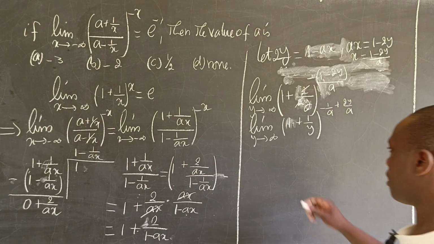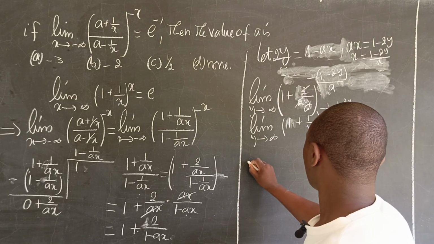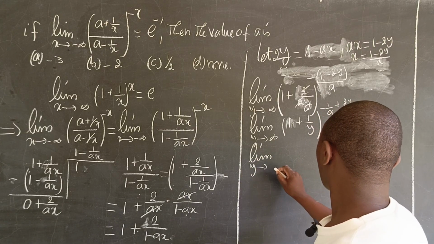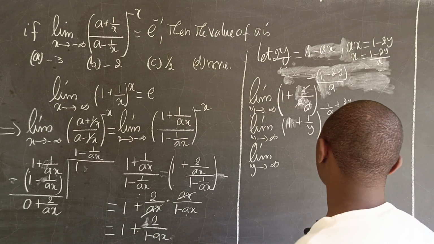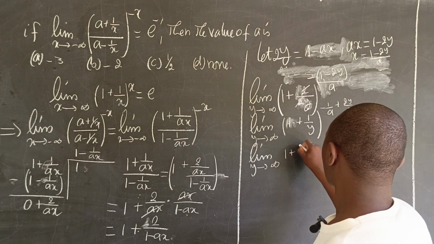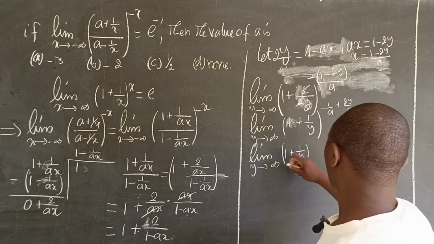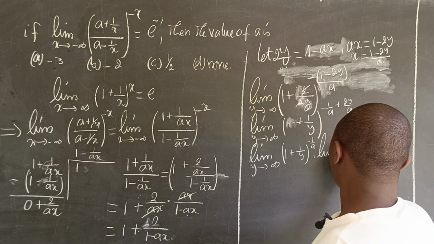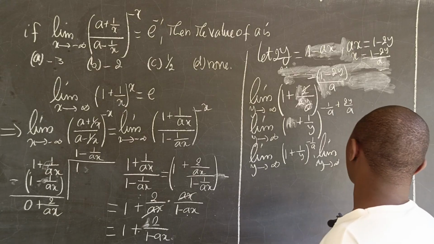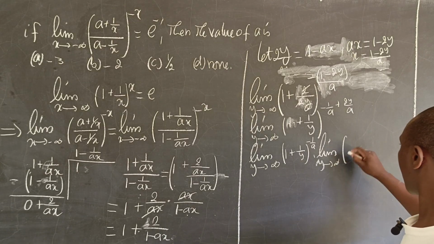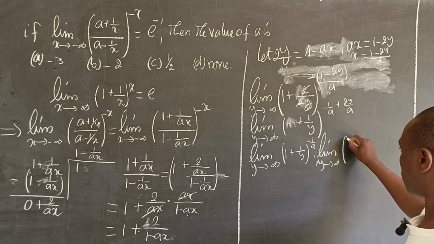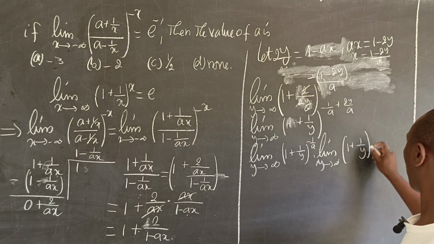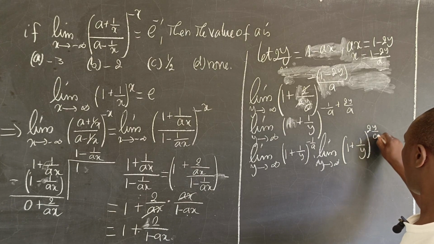Okay, here we have the limit as y approaches infinity of (1 plus 1 over y) power minus 1 over a, times the limit as y approaches infinity of (1 plus 1 over y) power 2y over a.